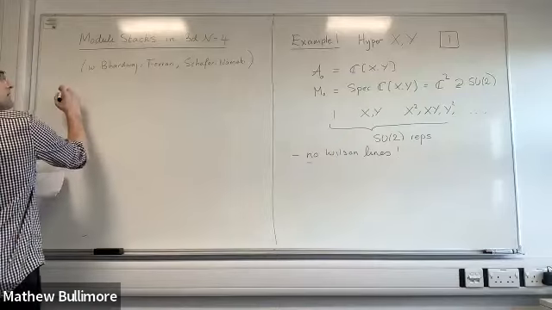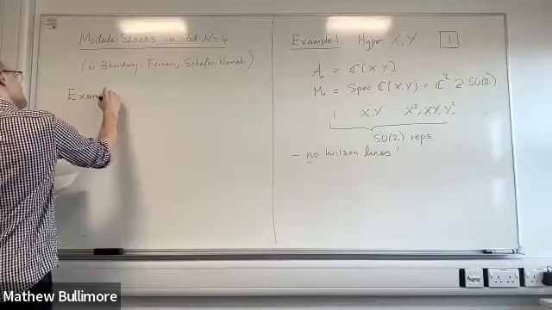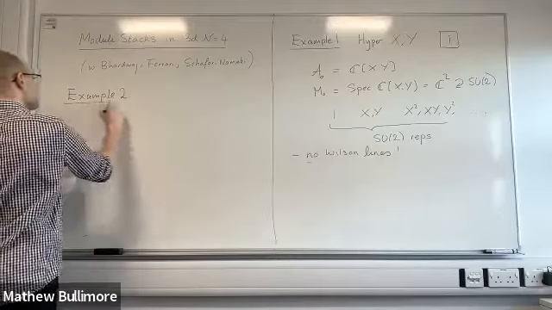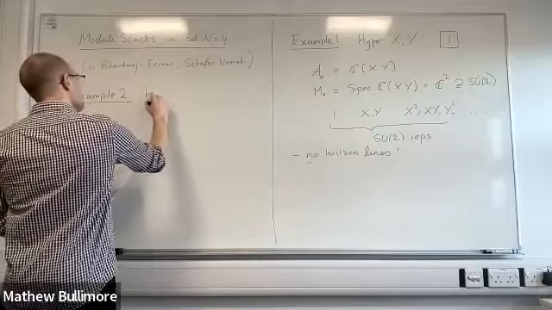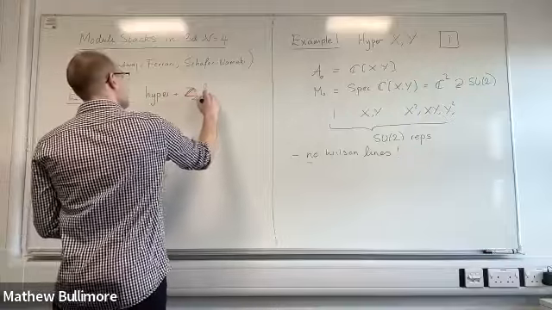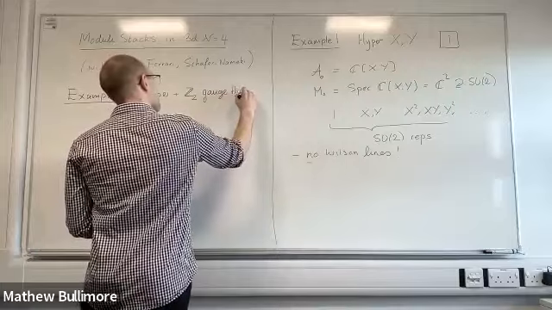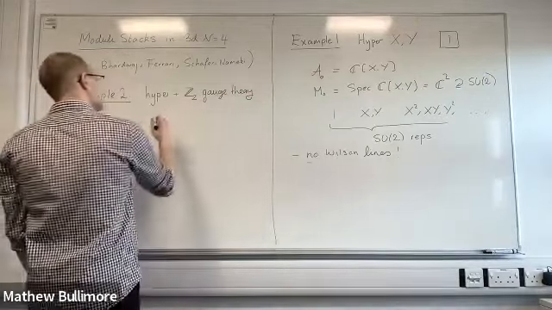All right, so how do we make it more interesting? Well, let's couple to a discrete gauge field. So I want to look at a hyper, and then we're going to add a Z2 gauge theory. So what does this mean?